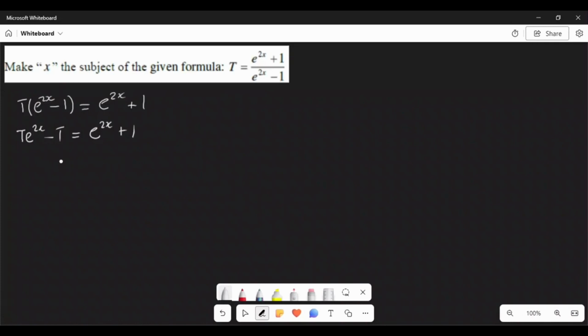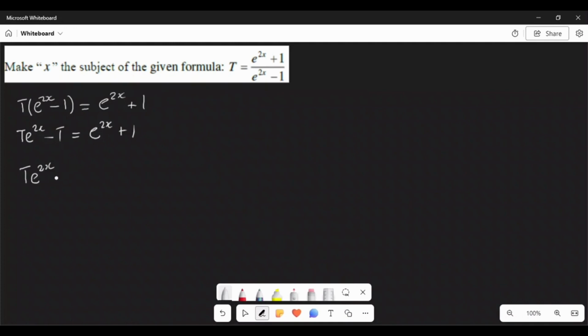So from here, what you can do is you take this t, you transpose it to the right hand side, and you're going to take this e to the power of 2x, you transpose it to the left hand side. So let's do it. So let's start with this t. So we're going to have t, right, and then we have e to the power of 2x, and then we transpose this e to the power of 2x to the left hand side.